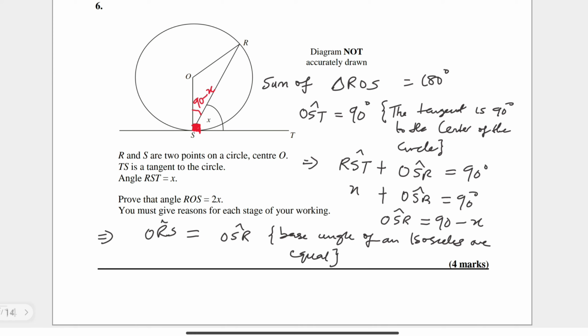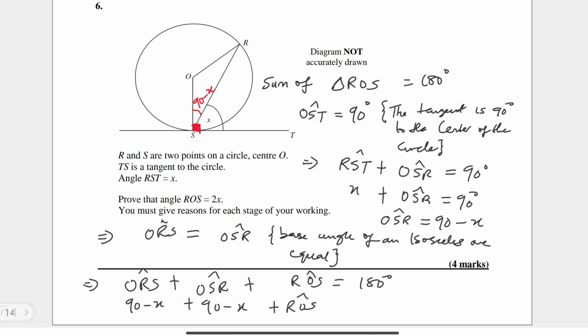Hence, that implies that ORS plus OSR plus ROS equals 180 degrees. So this is going to be 90 minus x plus 90 minus x plus ROS equals 180 degrees.